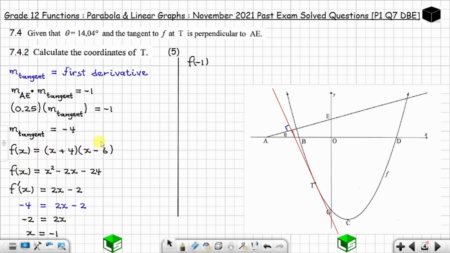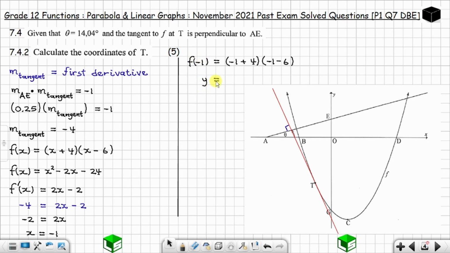Let me use this one. So this is going to be equal to, you have a bracket there. You plug your -1 in the place of x. So -1 plus 4. You close your bracket. You open another bracket. You plug your -1 in the place of x. So you have -1 minus 6, right? And you close your bracket. So remember, this is your y.